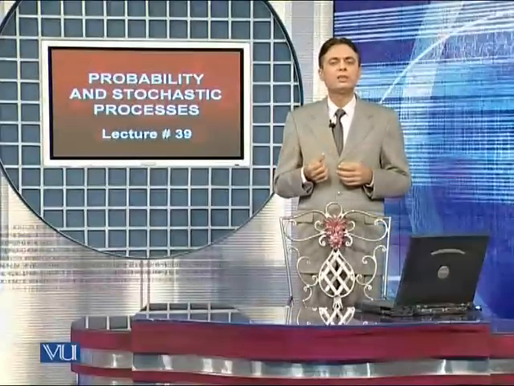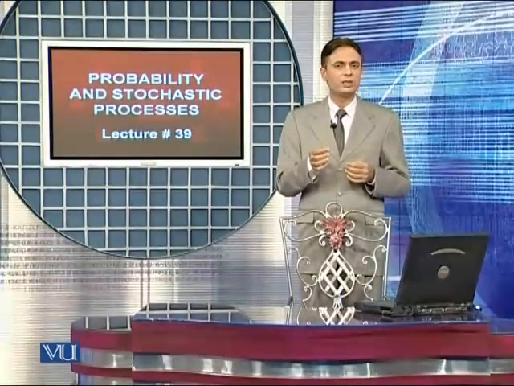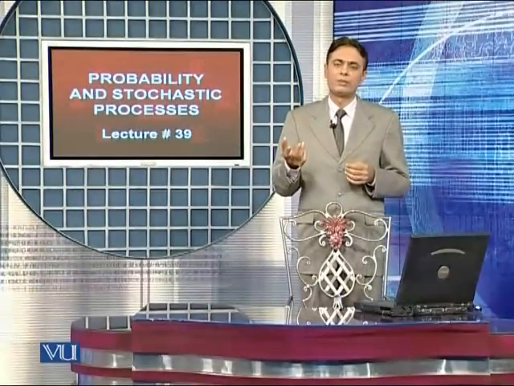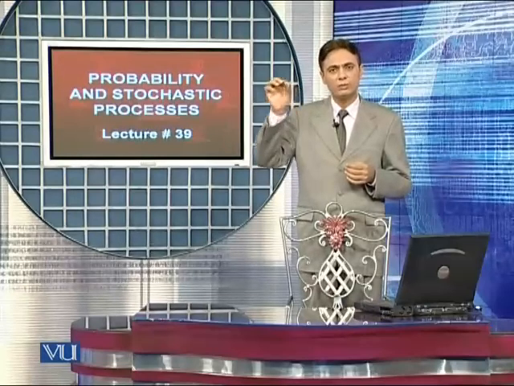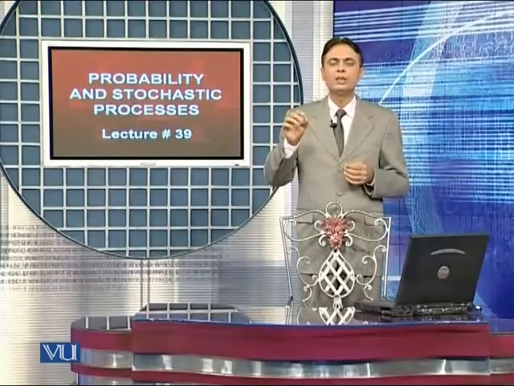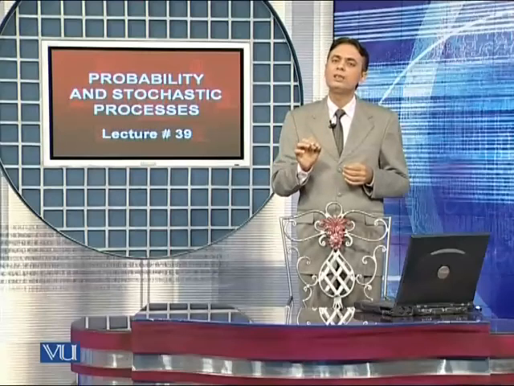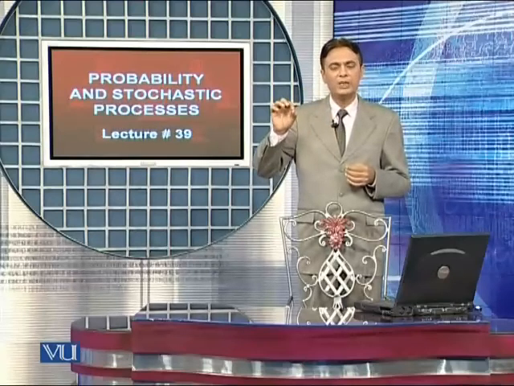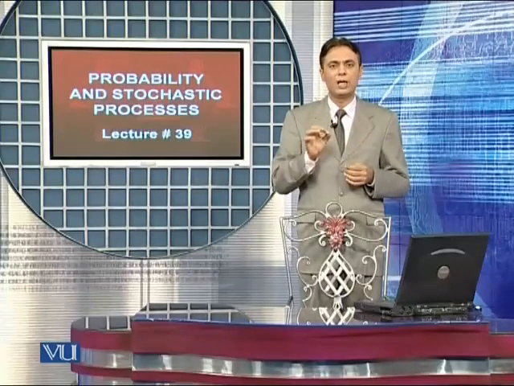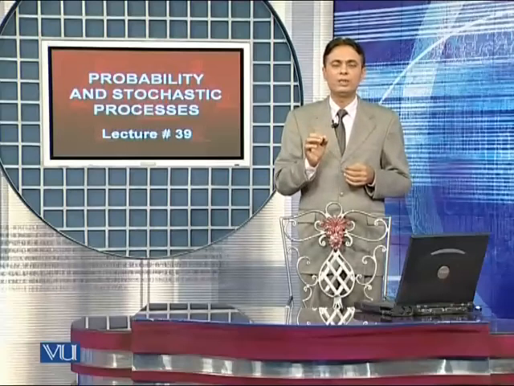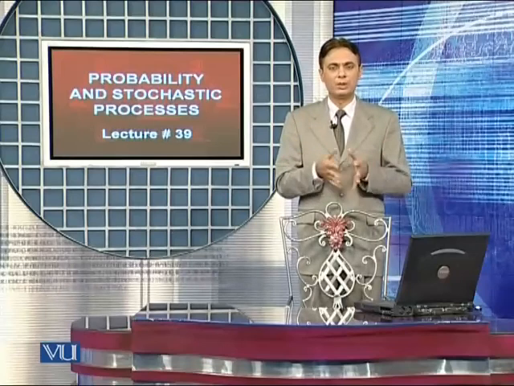Let's modify this Markov chain a little more and make this imperfect reflection closer to the perfect one. That is, the probability of that Markov chain going from state 3 to state 3 in one step is 0.0001, that is 10 raised to power minus 4, and the probability of going from 3 back to state 2 is 0.9999. With this almost perfect reflection, you will get a one-step transition probability matrix.